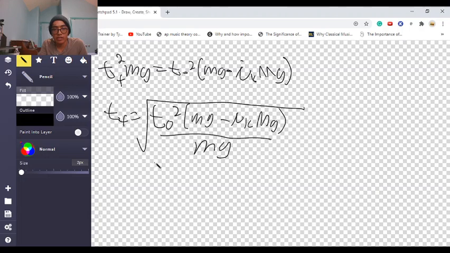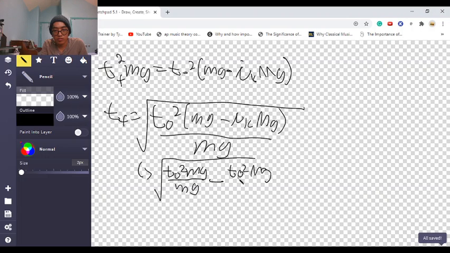And actually, you can take it one step even further. If you want to, you can simplify this as the initial squared mg, and we can set this as two fractions instead of one entire big fraction, right? So minus t initial squared capital Mg over mg, right? And you can see how these actually start to cancel out. This mg cancels out, this gravitational g also cancels out.